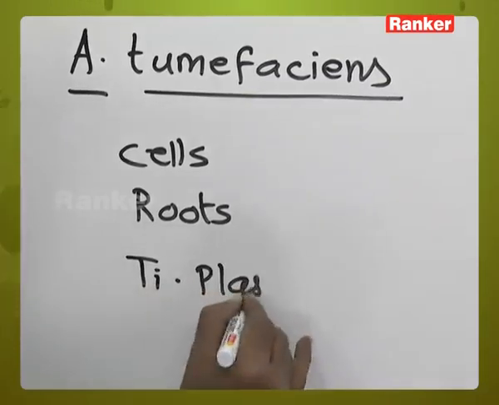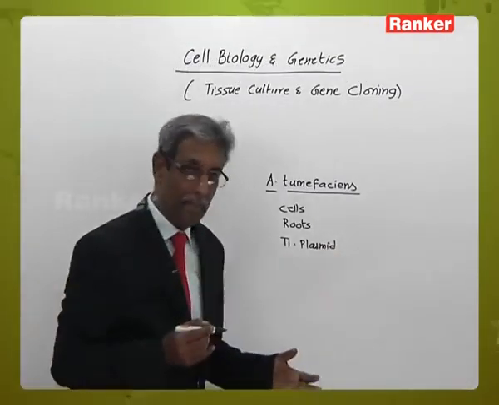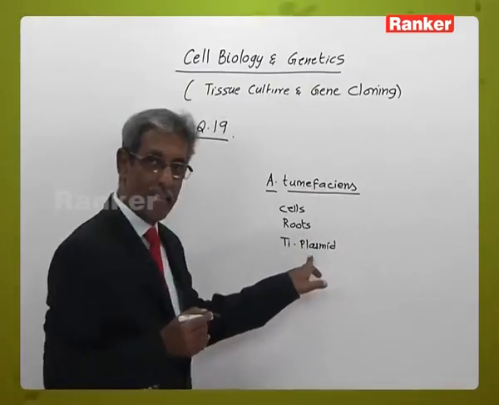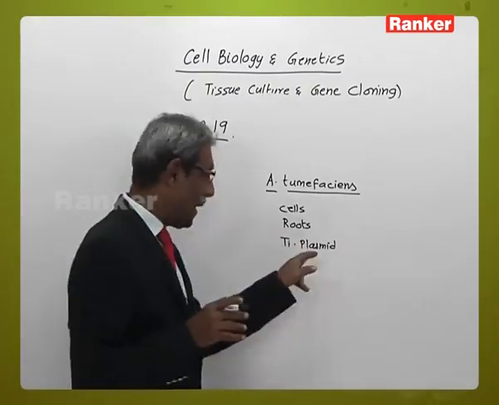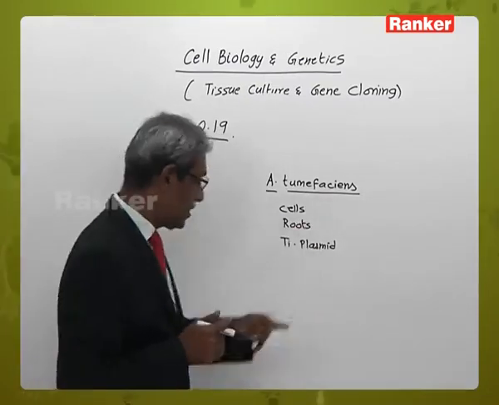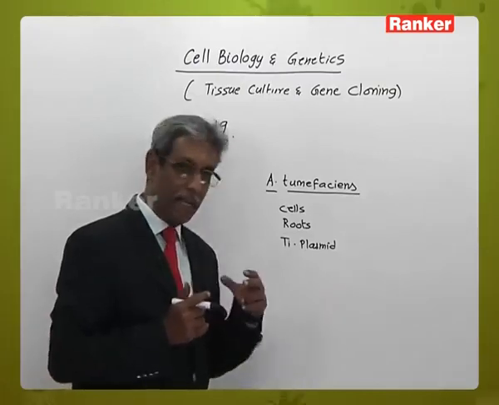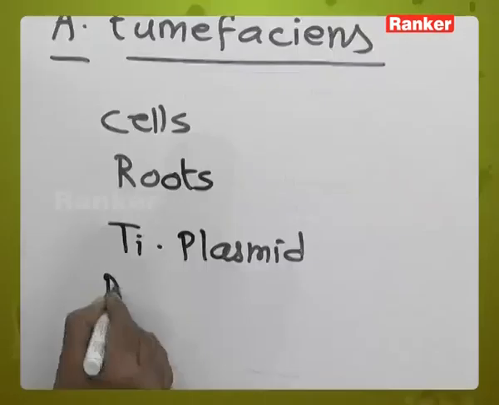The bacterium Agrobacterium tumefaciens has a resident plasmid, that is, the plasmid is by nature associated with it. This plasmid has the capability of taking its own DNA.